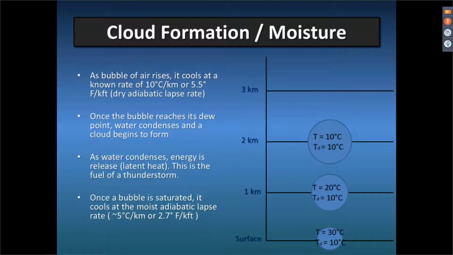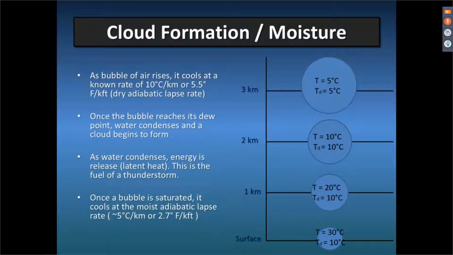It's what's called the dry adiabatic lapse rate, which is about 5.5 degrees Fahrenheit per 1,000 feet. And once the parcel of air rises up and reaches what's called the dew point, that's when the clouds start to form. The water condenses, a cloud starts to form, and that releases energy. And that's how a thunderstorm can get started.